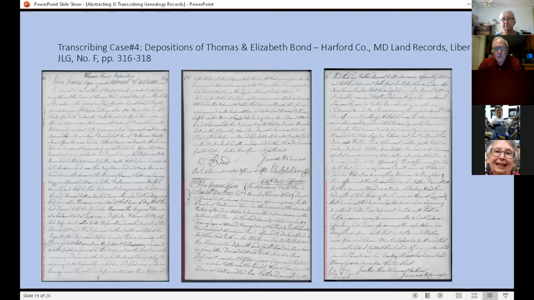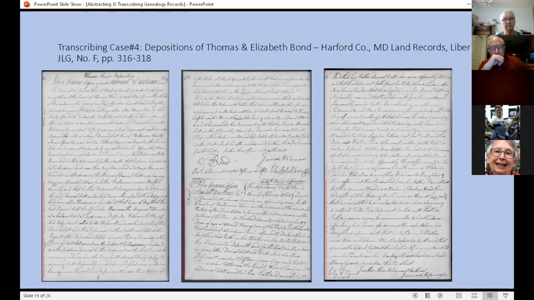The next item was two depositions that were done that involved an actual court case, which was John Green against Samuel Durham. And these were actually two of my relatives. And this was over a dispute. However, this was over a piece of property, and within the document were depositions, and these were recorded in the land records.